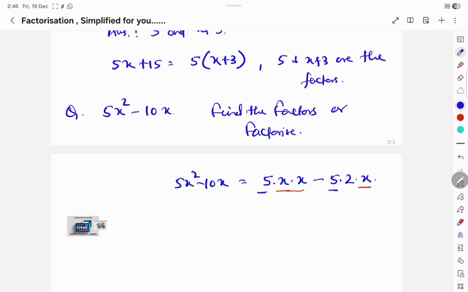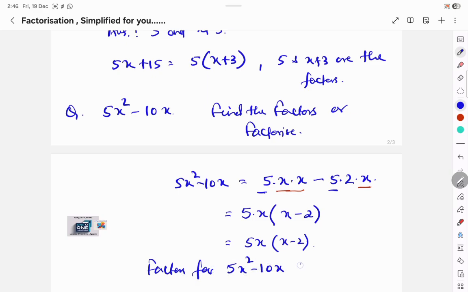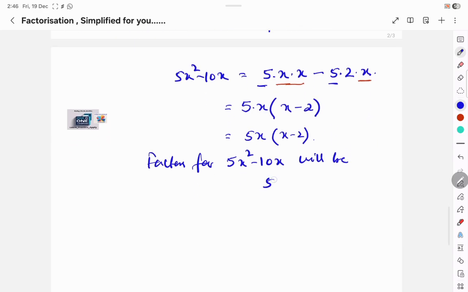So what we can do, yes, we can take this 5 and this x common. So what we'll get? x minus 2. So we'll get 5x into x minus 2. So factors for 5x square minus 10x will be 5x and x minus 2.